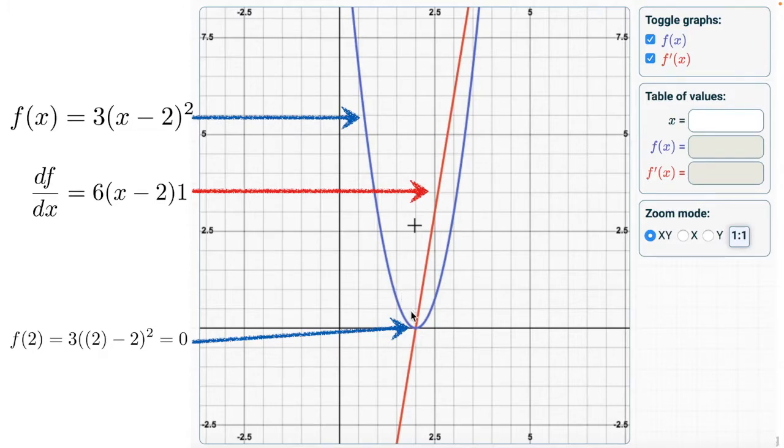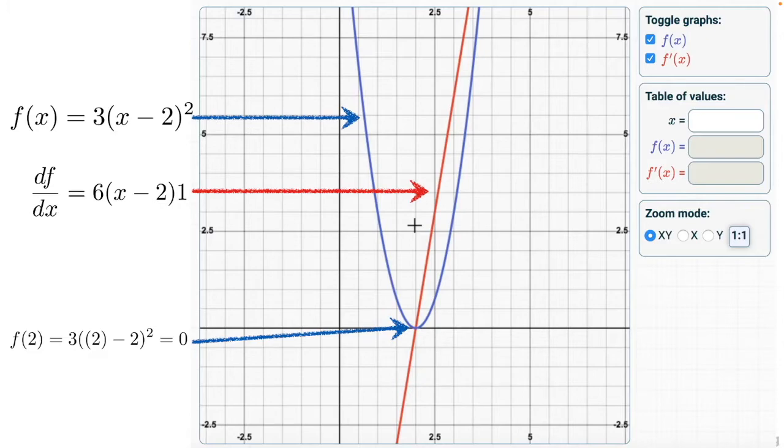We can verify that the point at which the derivative crosses the x-axis, the point at which the derivative is equal to 0, does correspond to the global minimum for this function. For this particular function, it turned out that there was a unique solution to the case where the derivative of the function was equal to 0.